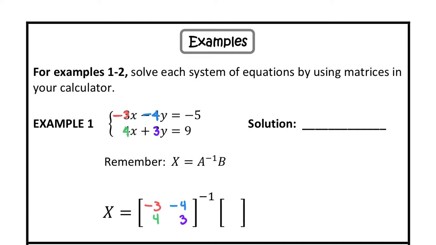That one and brown. Okay. And then we have -5. It's going to go here, -5 and 9. I wanted to color code so that we know where everything goes. Which one is my A matrix? The A matrix are all the numbers in front of the x's and the y's. The B matrix are all the numbers after the equal sign.